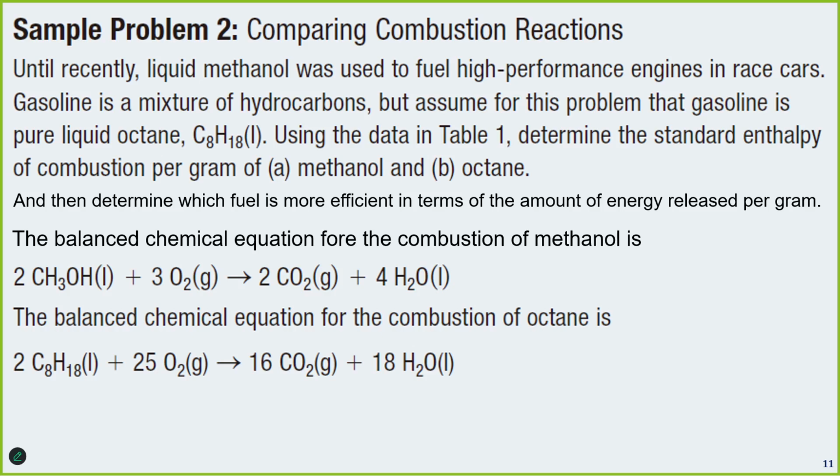Determine the standard enthalpy of combustion per gram of A, methanol, and B, octane, and then determine which fuel is more efficient in terms of the amount of energy released per gram. And you are also given the balanced chemical equation for the combustion of methanol and octane respectively.